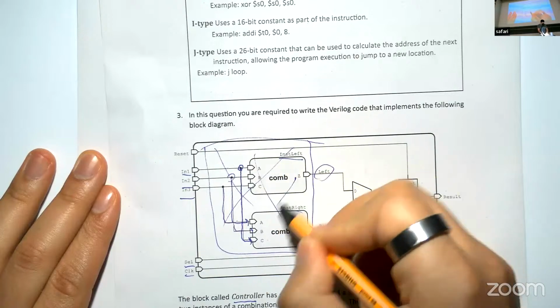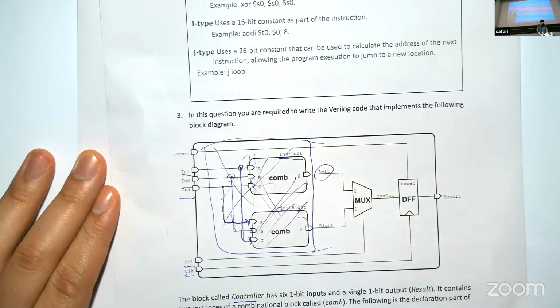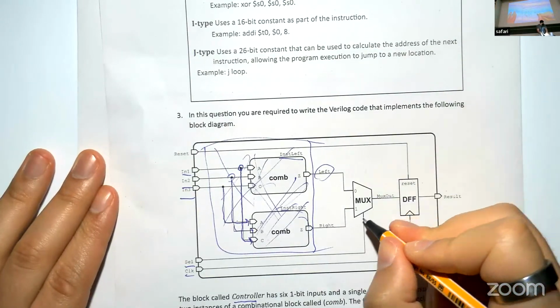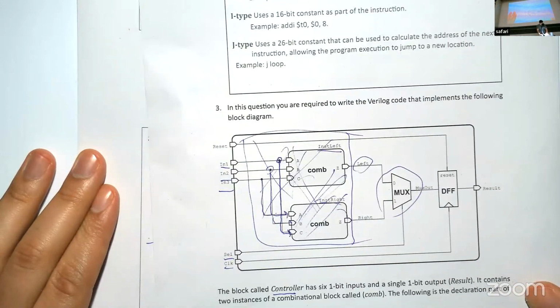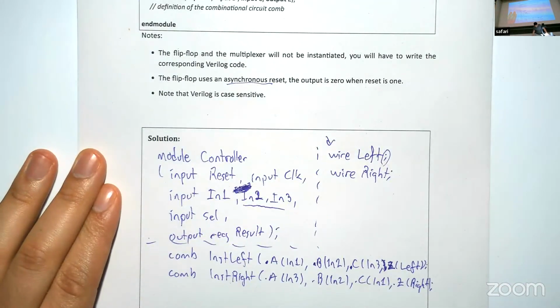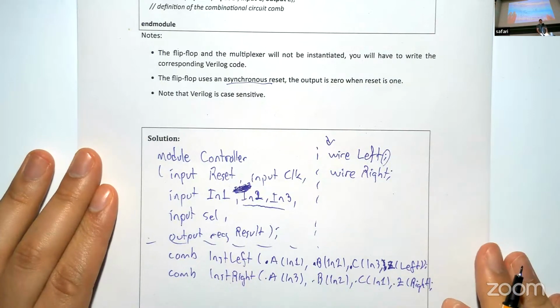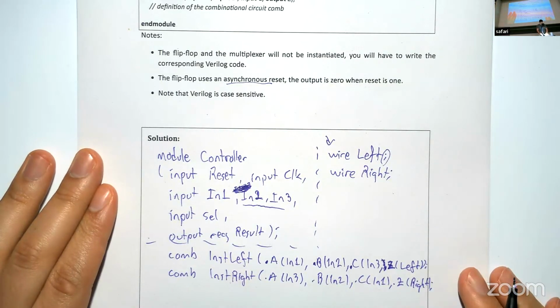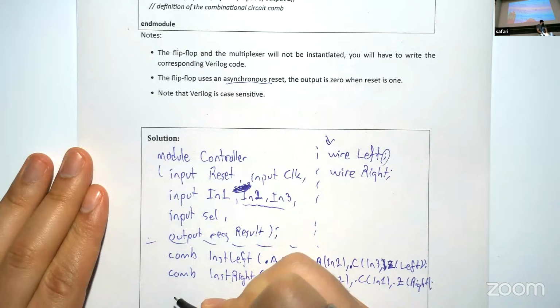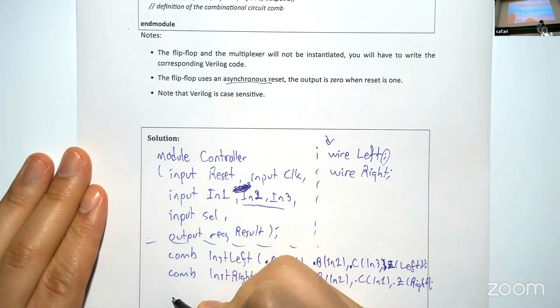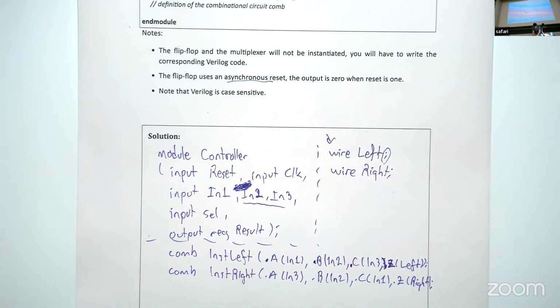And then we now have a mux to deal with. So this mux will select either the wire called left or right. You can do this in many ways, but one way is just using this.